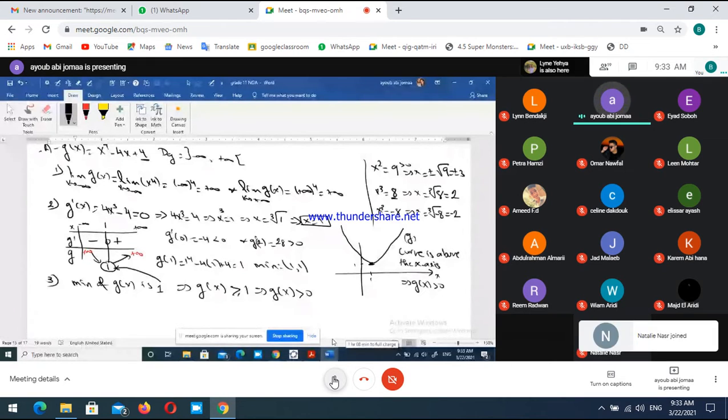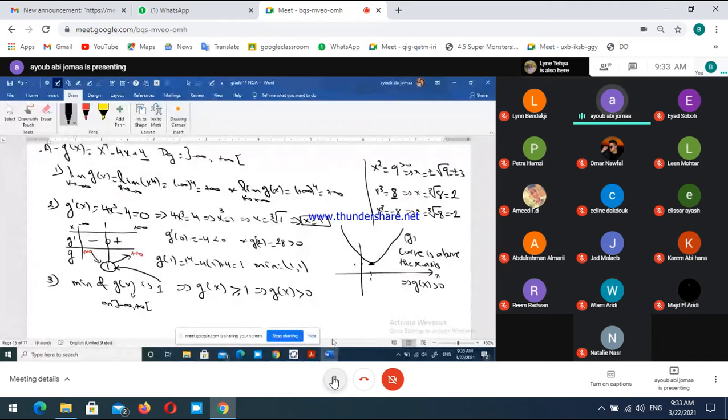The g of x is always greater than 0 from negative infinity to positive infinity. This is not only the local minimum, it is the absolute minimum, the only minimum. On the interval from negative infinity to positive infinity, the minimum is 1.